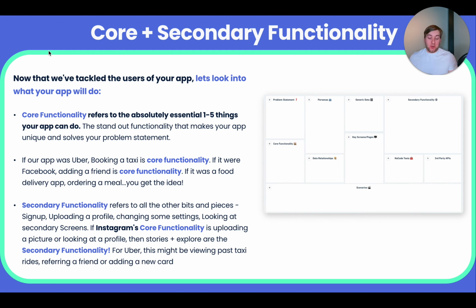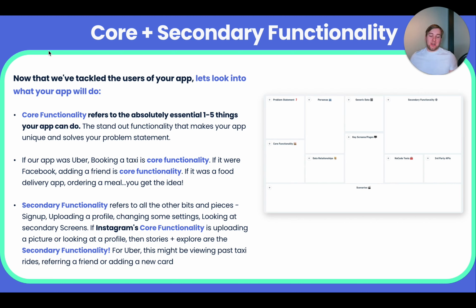But to then go into secondary functionality, got it right that time, this refers to everything that you need to make your app work, but is not the core value. So for example, Facebook, Twitter, Uber, all these services need you to log in, but none of them go around saying, Facebook is a service for logging in and posting. They just say Facebook is a service for posting or finding friends or whatever it might be.